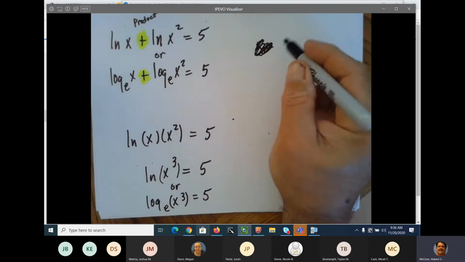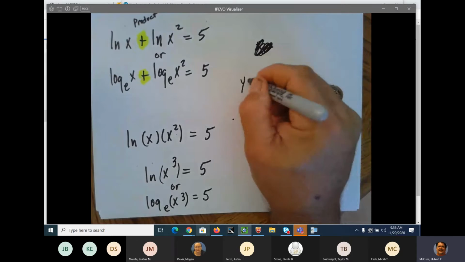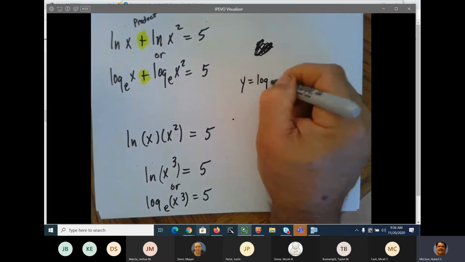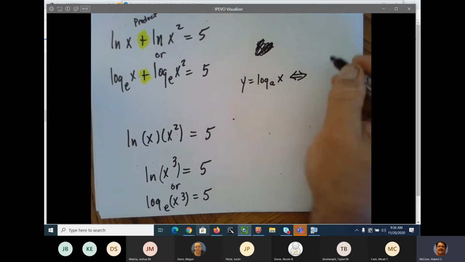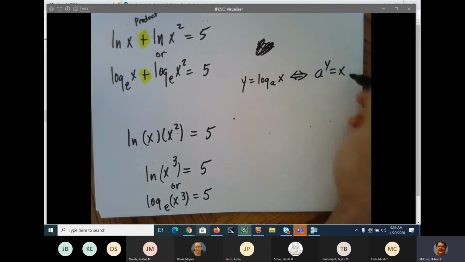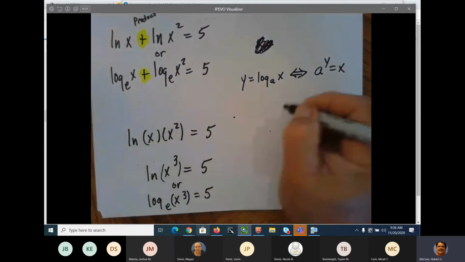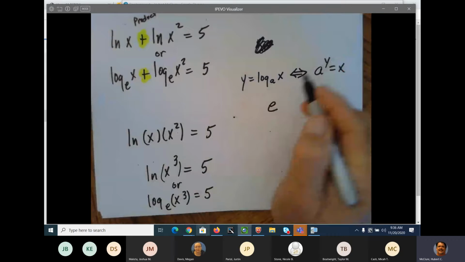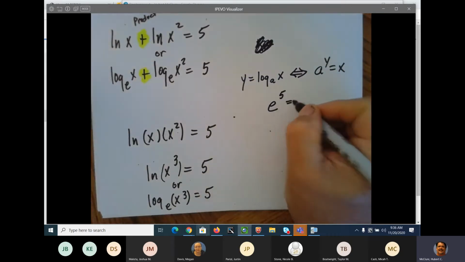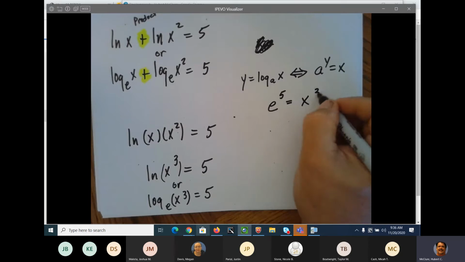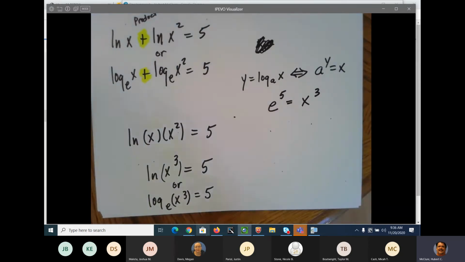Let's write down the definition of a logarithm. y is equal to log base a of x, and that yields a to the y is equal to x. So a is e, y is 5, e to the 5 is equal to x to the third. And how do you undo a cube root? I just told you. How do you undo a cube?